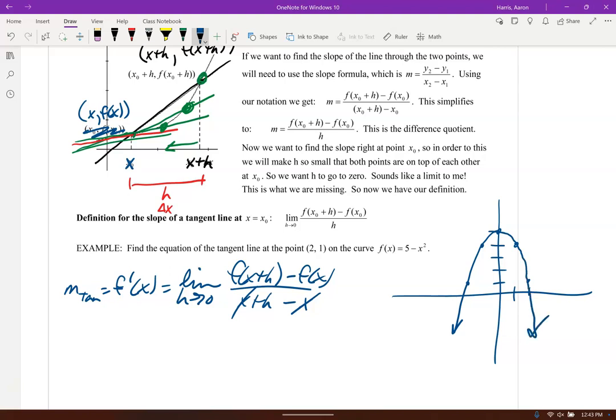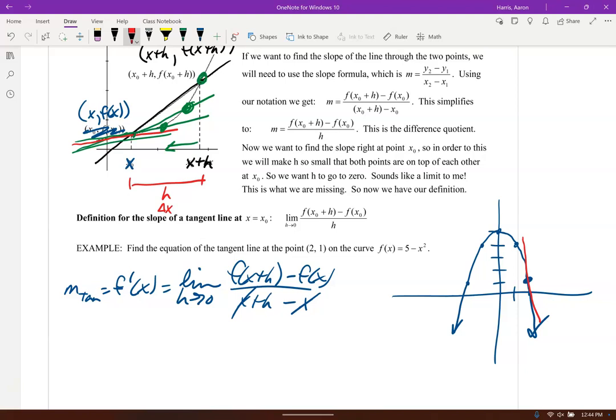Can't draw that okay. We're trying to find the equation of the tangent line right here at (2, 1). So first of all, we've got to find the slope. If you notice, this slope here will be negative. I'll have a negative slope. And then I'm going to plug it into the slope of the tangent line formula that I have here, the limit as h goes to 0, all that stuff. Once I have that slope, then I'm going to use the point and write the equation of that red line.